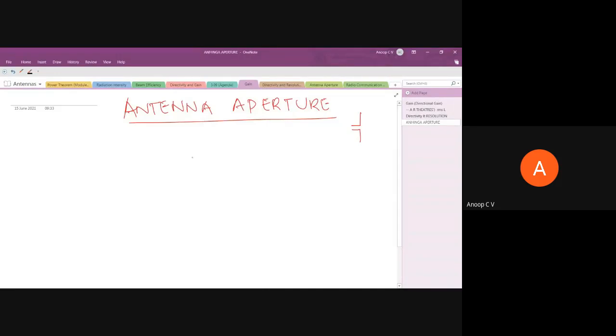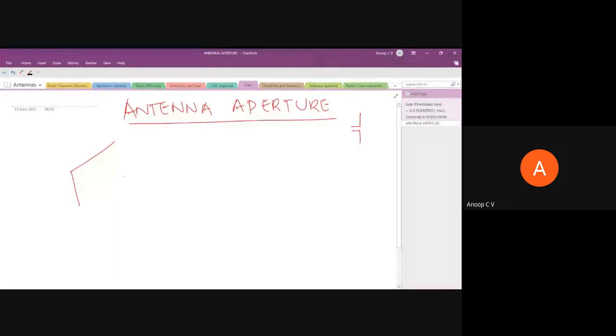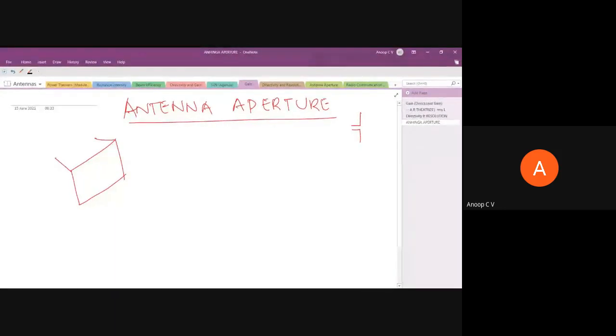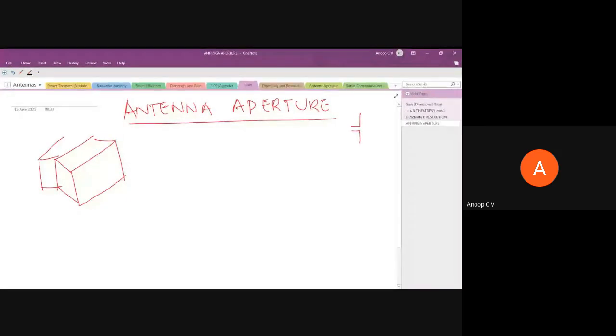So I will be considering a horn type of antenna. A horn antenna is nothing but an antenna which has got a physical opening like this.